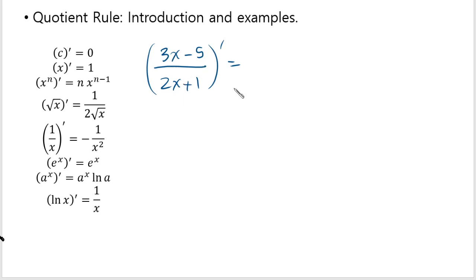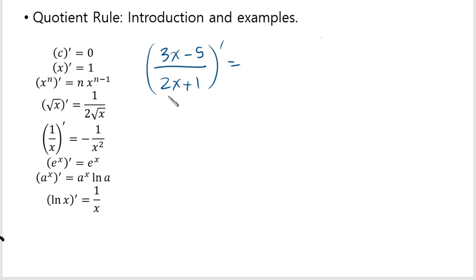I mean, if you really insist, you can rewrite 3x minus 5 over 2x plus 1 as like 3 over 2 plus some number over 2x plus 1. I don't even know. But it just gets really complicated really quickly. Okay, so here you're stuck with the quotient rule.